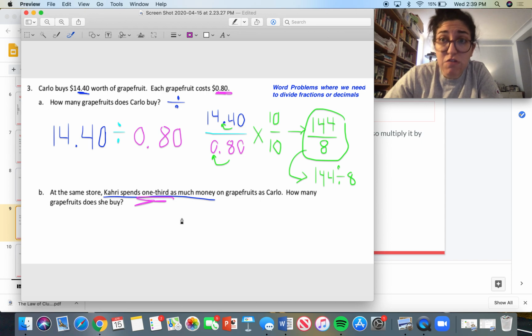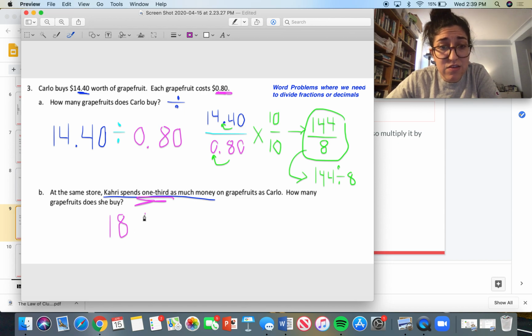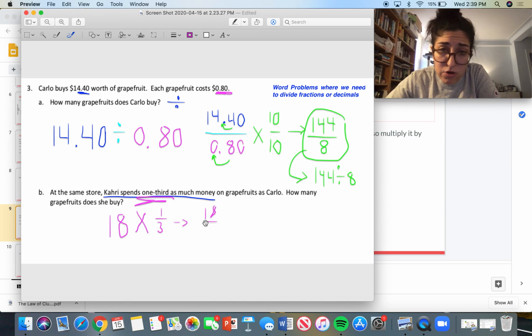So when you do this, you end up with, I believe, 18. So it turns out that Carlo ends up with 18 grapefruits. And since she spent 1/3 as much money, I can multiply 18 times 1/3, which would get me to 18 over 3, which would get me to the number 6.